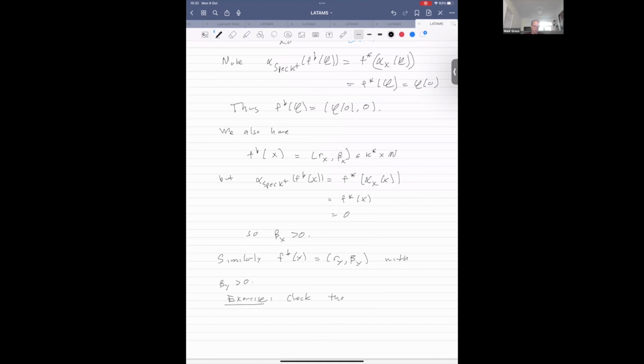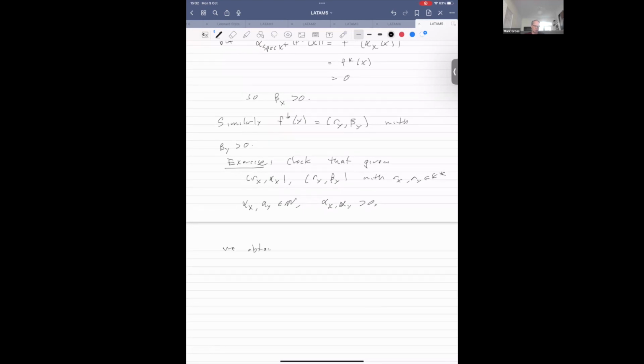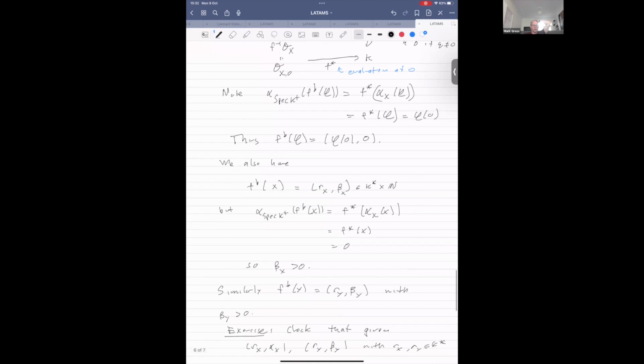Check that given pairs Rx, beta x and Ry, beta y, with Rx, Ry in K star, and beta x, beta y in N greater than 0, we obtain a logomorphism f from spec k dagger to X. So all you have to do is define f flat by decreeing that, well, necessarily f flat of an invertible function just gives you this.